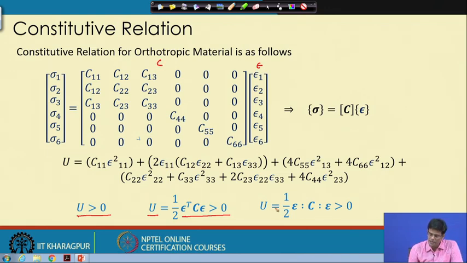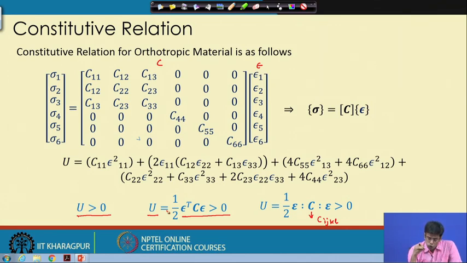In the tensorial notation, though this C and this C look the same, this is a 4th order tensor, which is Cijkl. So half of epsilon contraction C contraction epsilon gives me a scalar function. This we know from our tensor algebra knowledge. This quantity has to be greater than 0 for a realistic deformation or realistic stress, whatever you call it.